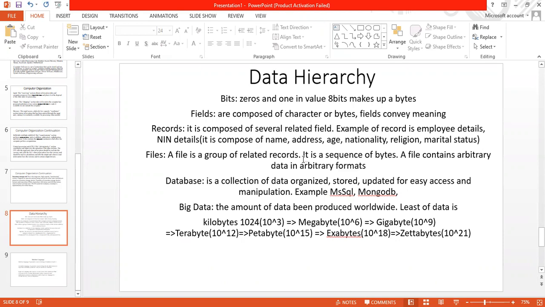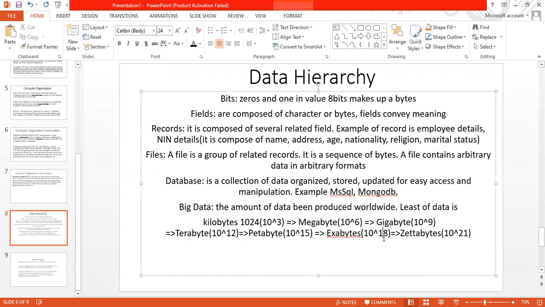And I said that a character can be a single value. An example of a character is C, another is O, another is M, P. We have P, U, T, E, and R. But when they come together, they are known as a field.